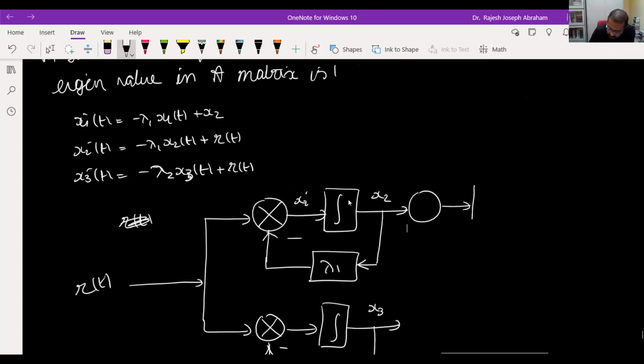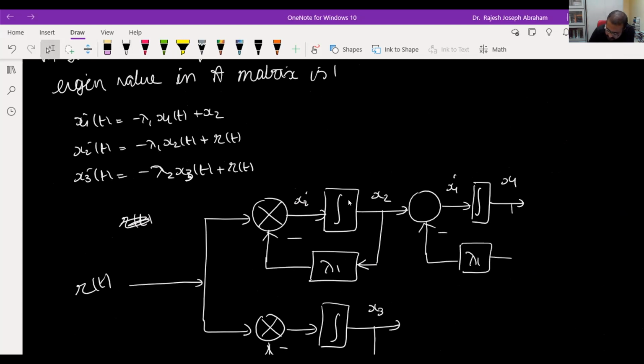So here we have the x1 dot integrator. This is x1. So this should be minus lambda 1 x1. So x1 dot is x2 minus lambda 1 x1. Now what's the output? Output y of t.